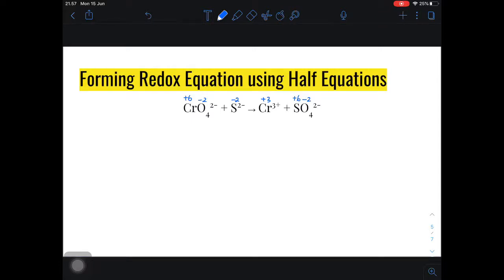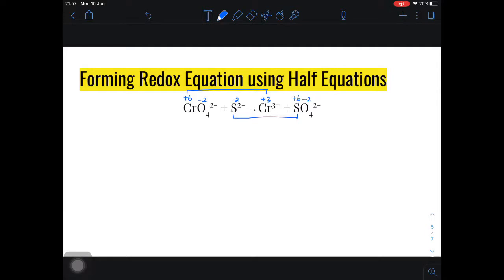Now we know that the Cr changes from +6 to +3, and the sulfur changes from -2 to +6.